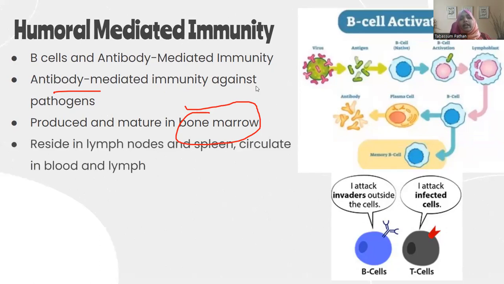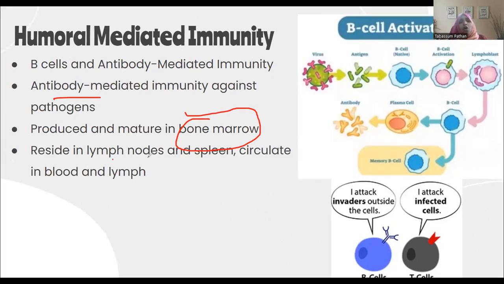So where do they live? Once they are produced and matured in the bone marrow, they can live in the lymph nodes. They will reside in the lymph node or in the spleen, and they will also circulate in the blood and the lymph. So they are pretty much everywhere in the circulatory system. These are your B cells.